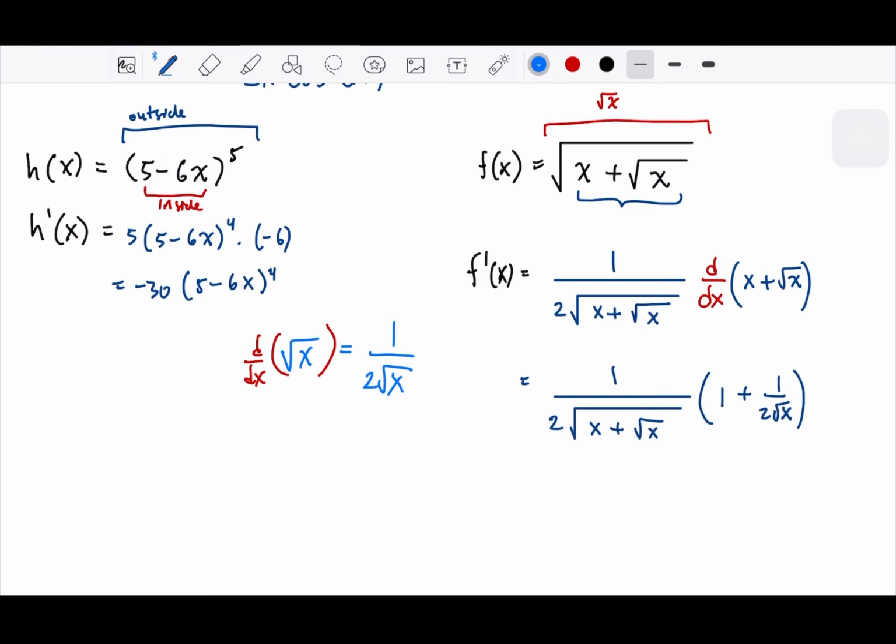And I think more examples will be tomorrow. This is just an introduction for the chain rule.